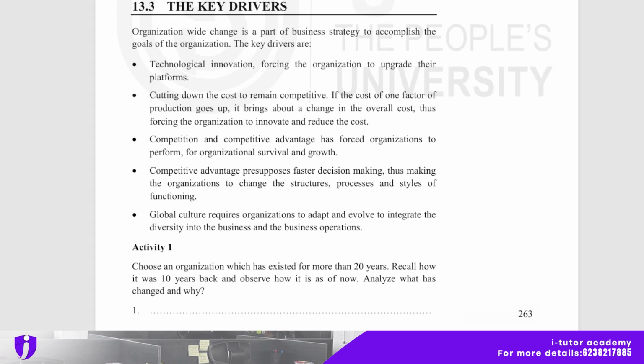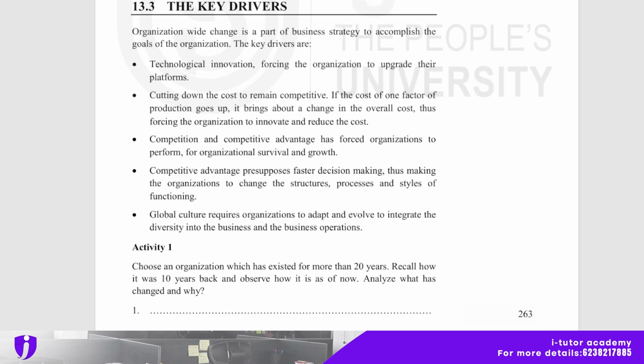The key drivers are the technological innovation, forcing the organization to upgrade their platform, cutting down the cost to remain competitive. If the cost of one factor of production goes up, it brings about a change in the overall cost, thus forcing the organization to innovate and reduce the cost.